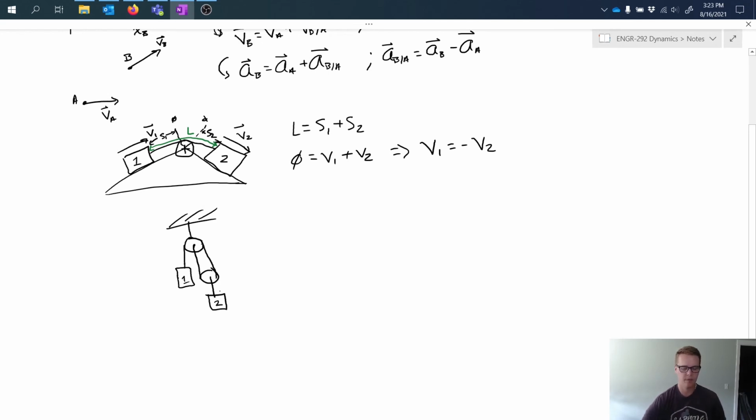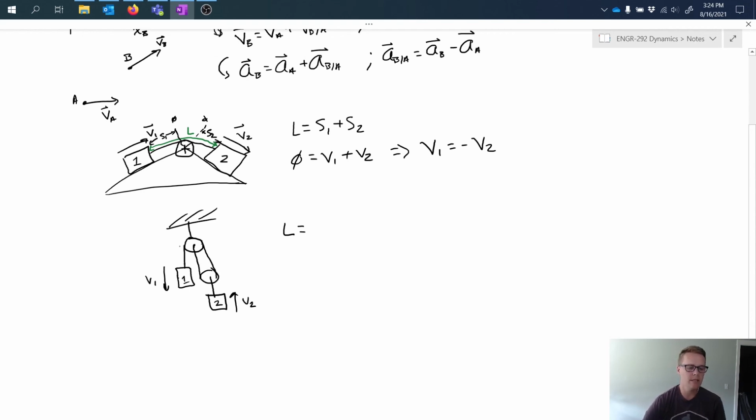So now, suppose I have a velocity v1 and a resulting velocity v2. And I want to better understand what's happening in this scenario. Well, again, I can do the same sort of analysis that I had up here, where I define that there is some total length of rope.